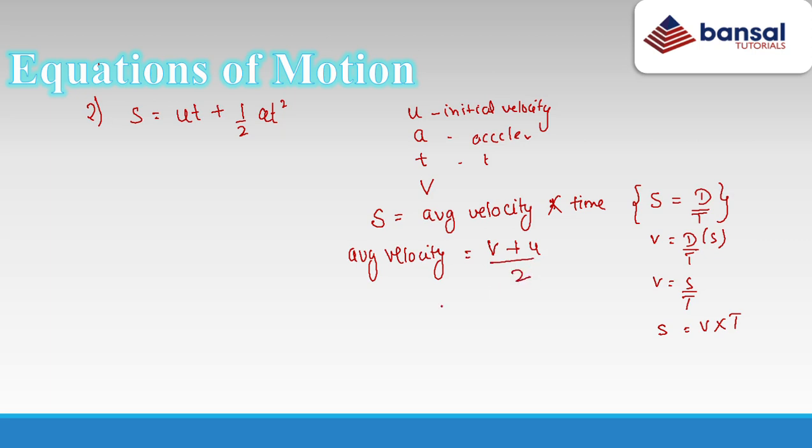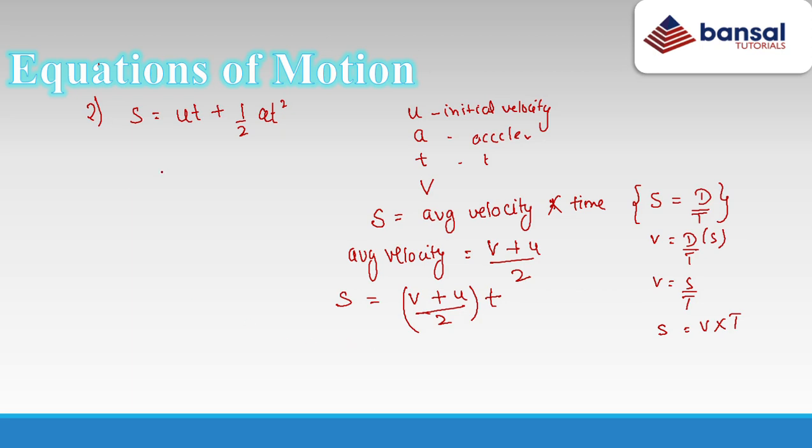Okay, so keeping this value over here, what we'll get, s is equal to, let's substitute, v plus u upon 2 into t. Okay, v plus u upon 2 into t.